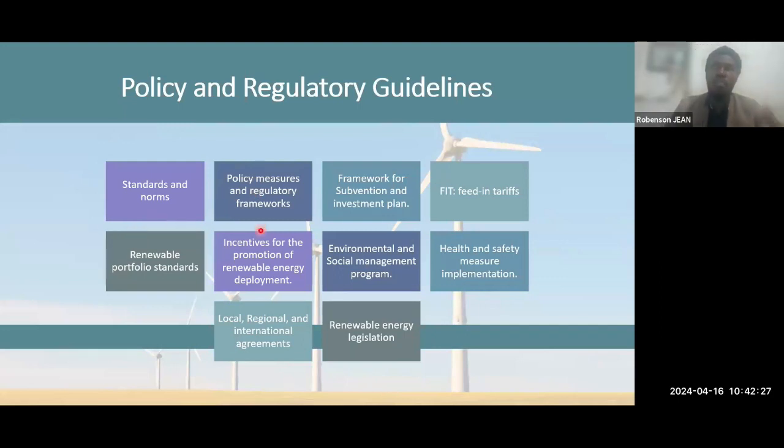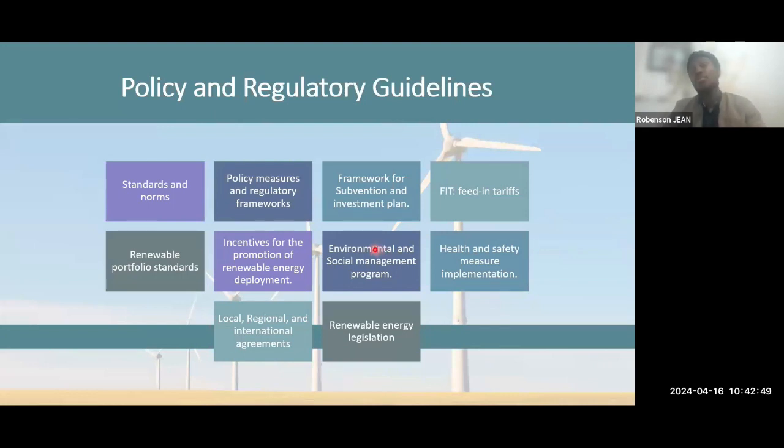It is important to consider some frameworks for policy measures, for regulation, for instance. And also some frameworks for subvention and investment plans in renewable energy projects.